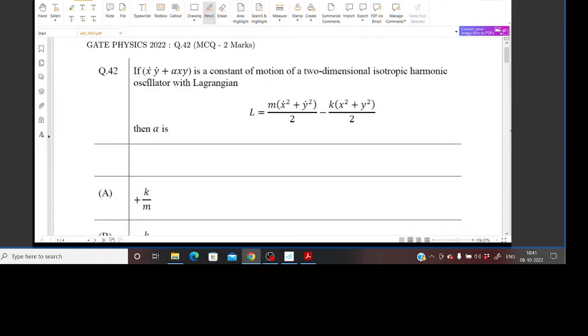If x dot into y dot plus alpha xy is a constant of motion of a two-dimensional isotropic harmonic oscillator with the Lagrangian L equal to m by 2 into x dot square plus y dot square minus k by 2 into x square plus y square, then we need to find the value of alpha. Let's solve this question.